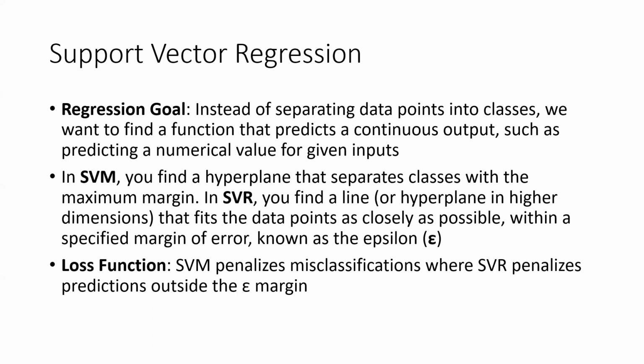In support vector machines, we can do binary classification mainly, and with support vector regression, you can predict a certain value using this SVR algorithm, right? It's actually a machine learning algorithm like the other regression algorithms as well, right?